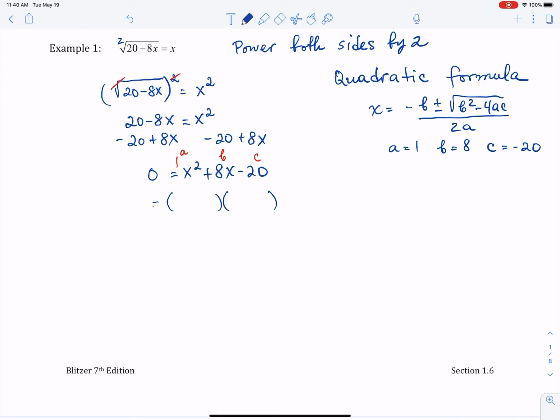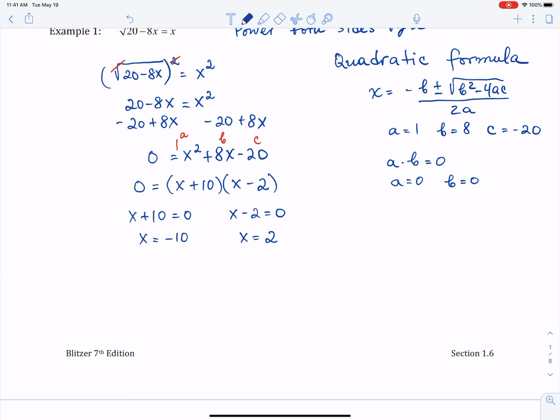The solutions are eventually x is negative 10 and x is equal to 2. Now, I don't stop here because I was powering this equation by 2. That means I must check and make sure that the result is really a solution of the radical problem.